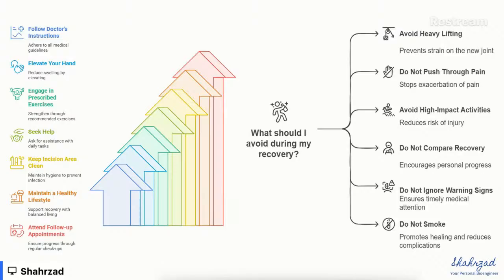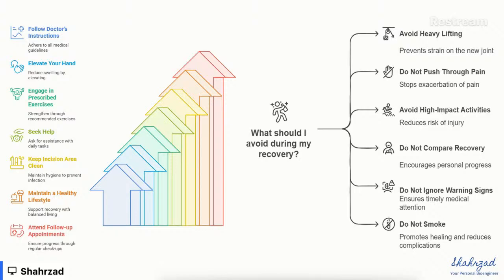And the things you should avoid during recovery is heavy lifting is a big one. So avoid heavy lifting. Do not push through pain, because pain is there to remind you to stop and take breaks. Remember to avoid high impact activities after finger or wrist joint replacement.